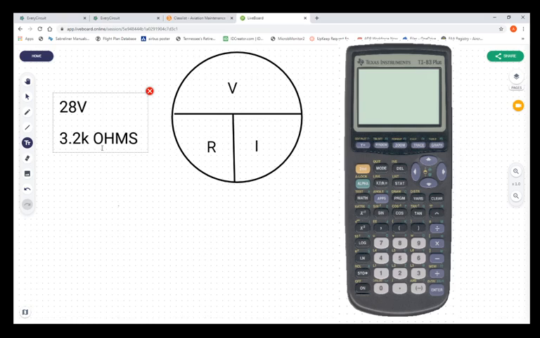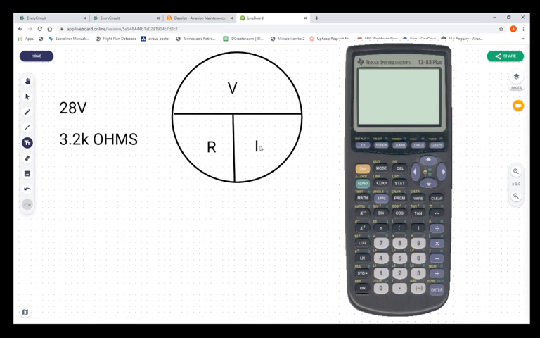Okay, now George Simon Ohm, his voltage and current and resistance law, otherwise known as Ohm's law, dictates to us, guys, if we have two of our variables that we know. We have verified that we have 28 volts in the circuit. We have also verified by a color code that we have 3.2 k ohms of resistance in this one resistor value.